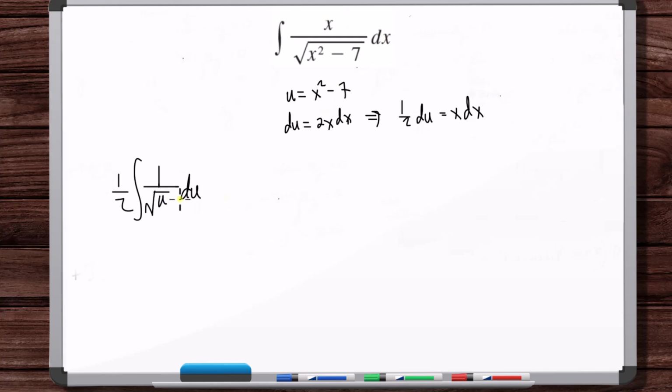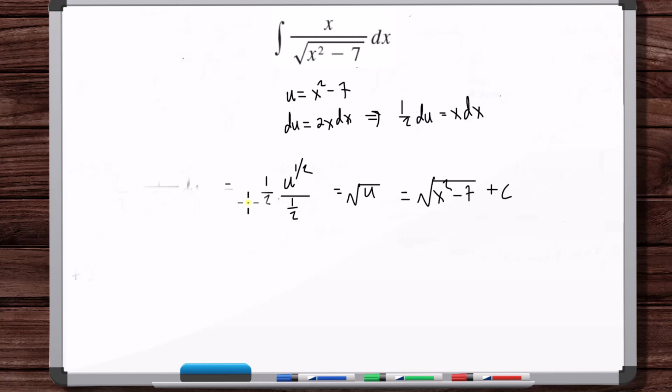I mean, that's quick. I can finish this off here. So this is u to the minus 1/2 power. So minus 1/2 plus 1 is 1/2. So root u. Right, so that's the quickest way to solve this.